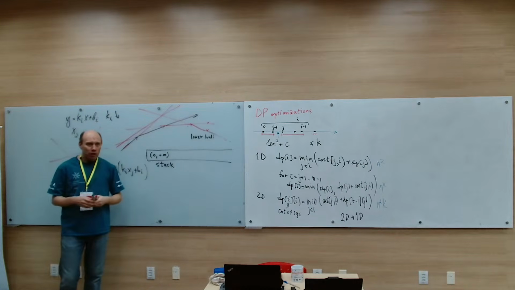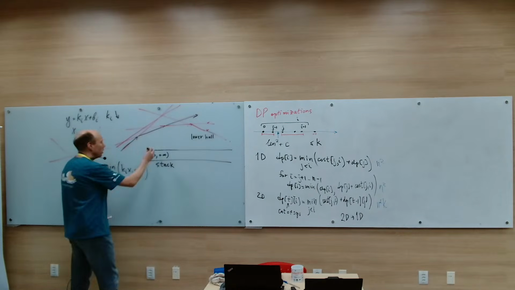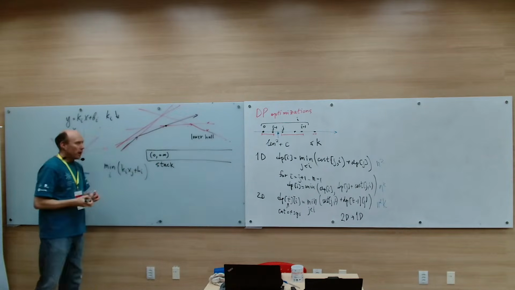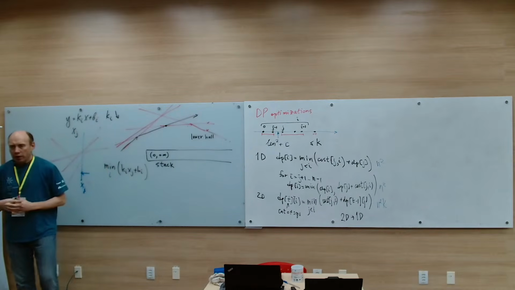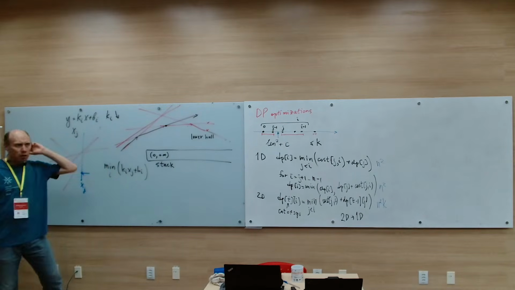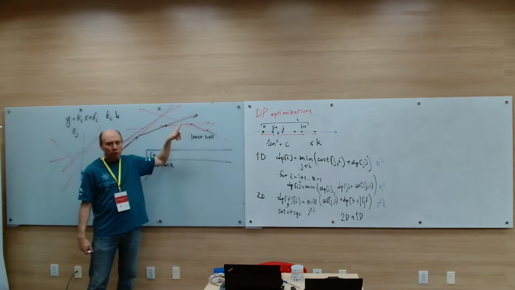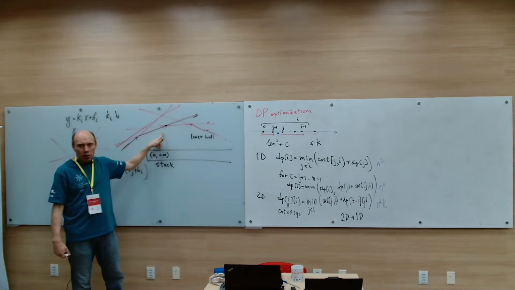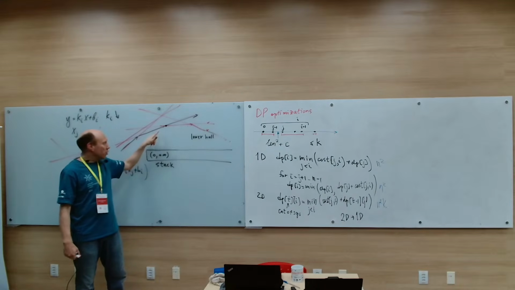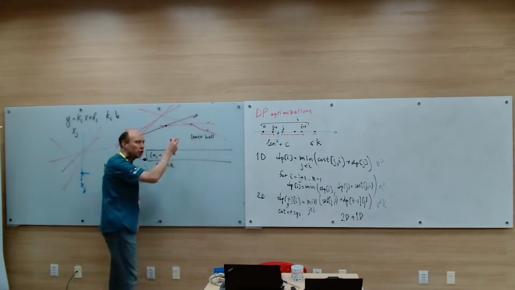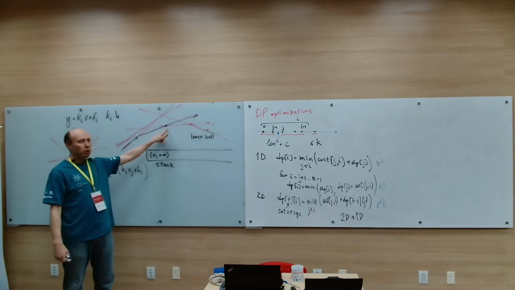We know already the formula to intersect two lines, it's very easy. So we calculate this intersection point. Now there are two options actually. One is shown on the picture, and that is this point. At this point, the line on the top of the stack is optimal, but it becomes optimal not until plus infinity as it initially was, but until this point only.